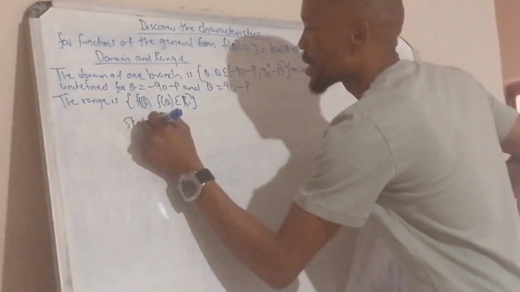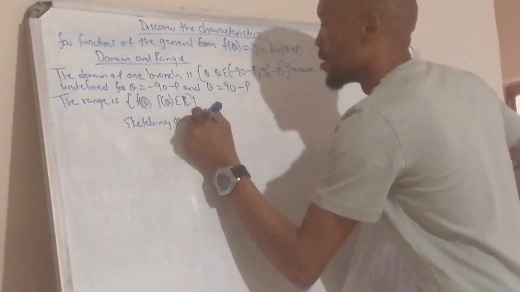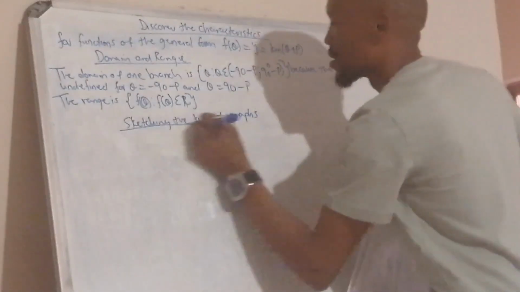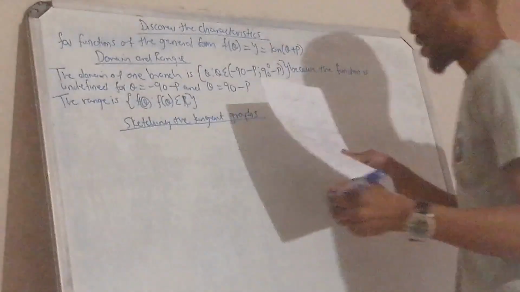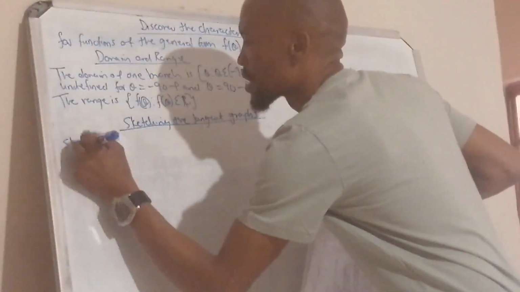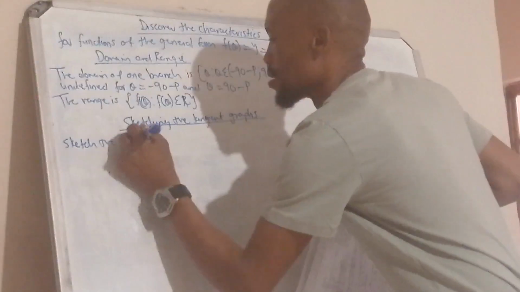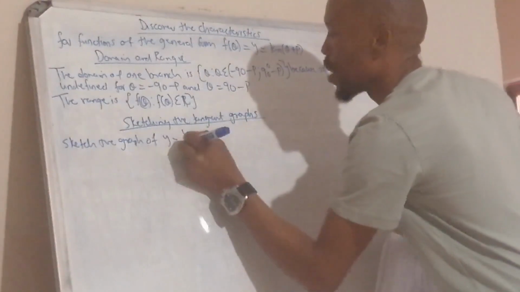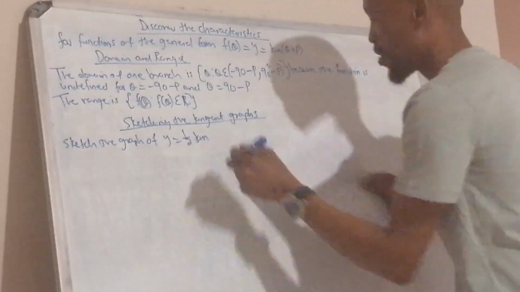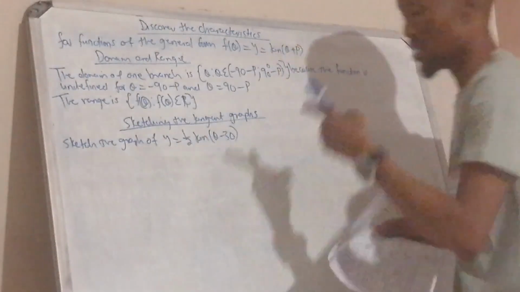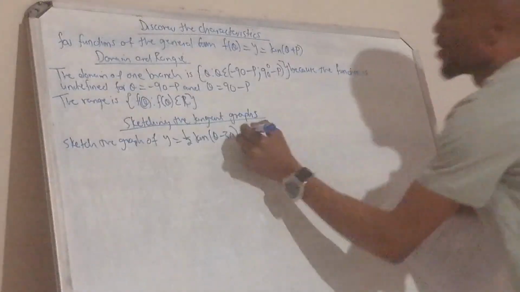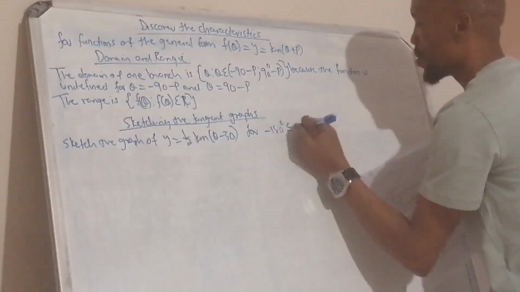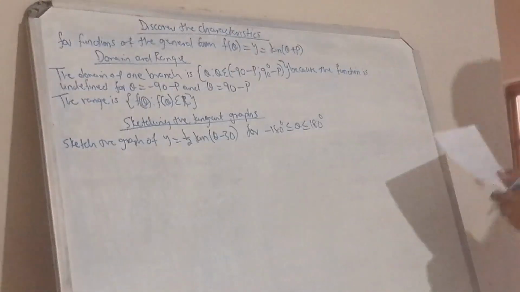Perhaps I could ask you to sketch the graph of y equals 1/2 tan of theta minus 30 degrees, for minus 180 degrees less than or equal to theta less than or equal to 180.